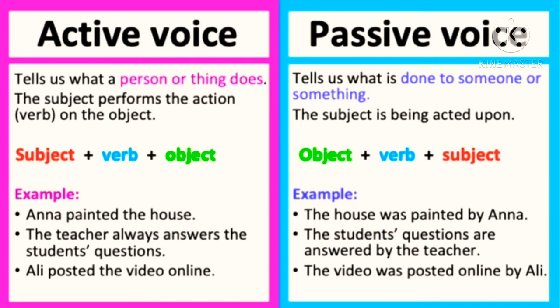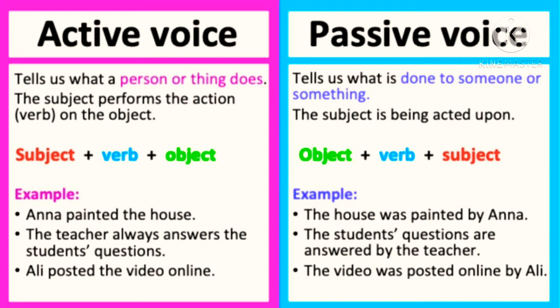Whereas the passive voice tells us what is done to someone or something. The subject is being acted upon, and the formation would be object plus verb plus subject. Here you can see that the object and subject have changed their places. For example, the house was painted by Anna.